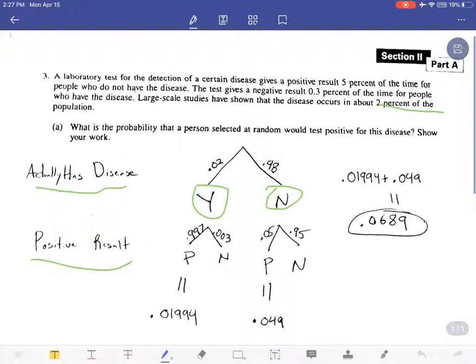So if you have a positive result, it tells us first, people that don't have a disease get a positive result 5% of the time. So that's where we get this side of the tree right here.